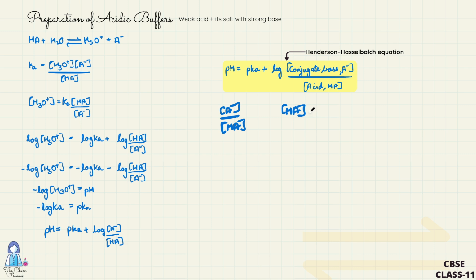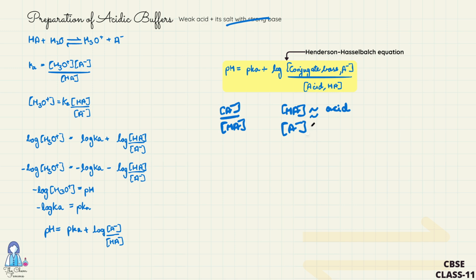So HA is almost equal to the concentration of the acid, because it is not dissociating as much as a strong acid would. In the same way, for A minus, we already established that HA, which is a weak acid, when it dissociates, is not doing much of that. So it's not going to contribute a lot to the concentration of the A minus ions. So this A minus is going to be coming only from our salt, right? The salt with the strong base.